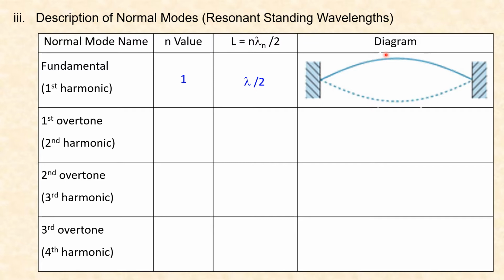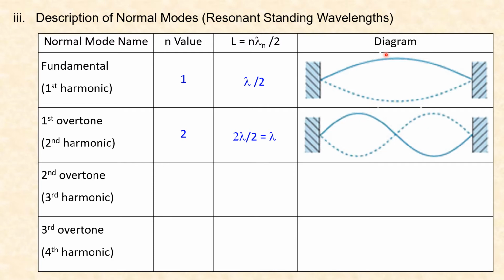If we look at the next highest frequency standing wave, either the first overtone in one naming system or the second harmonic, this corresponds to a value of n equals 2, or when the string has a length of 2 lambda over 2, or 1 wavelength. This normal mode, this resonant wavelength, this standing wave pattern looks like this.